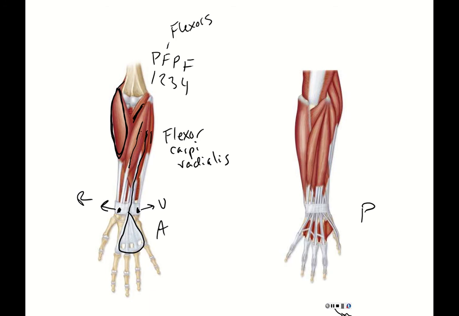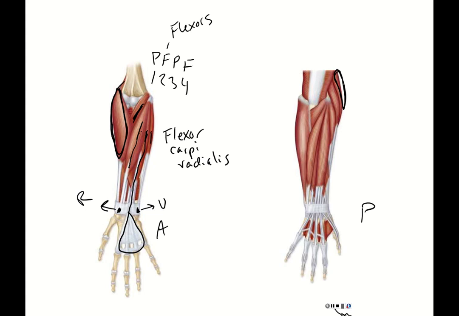Now on the other side, unfortunately the names are even more confusing because they all start with the same letter. So they're going to be a bunch of extensors. So first, this little guy right here is actually Brachial Radialis again, just from the other view.